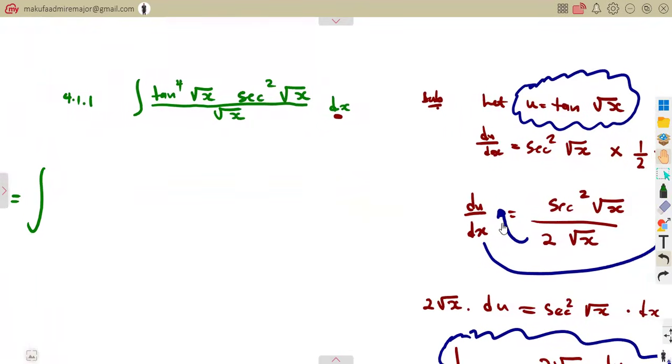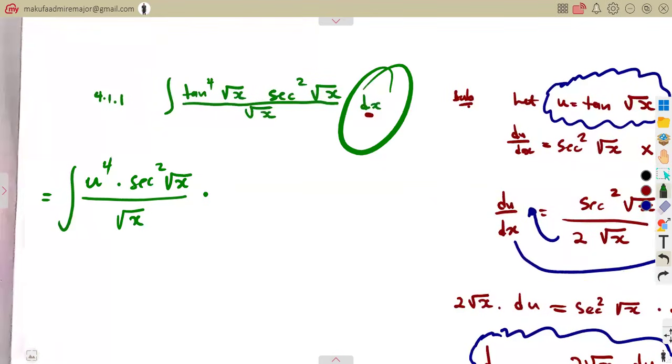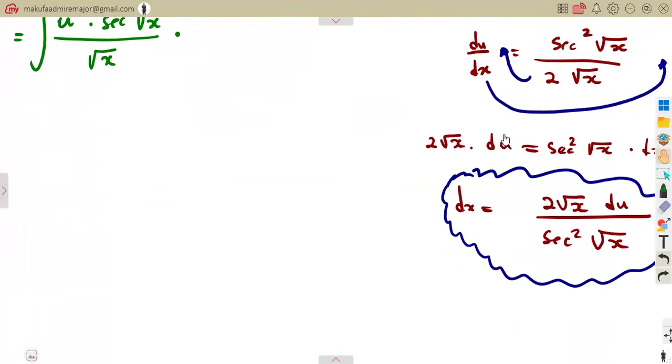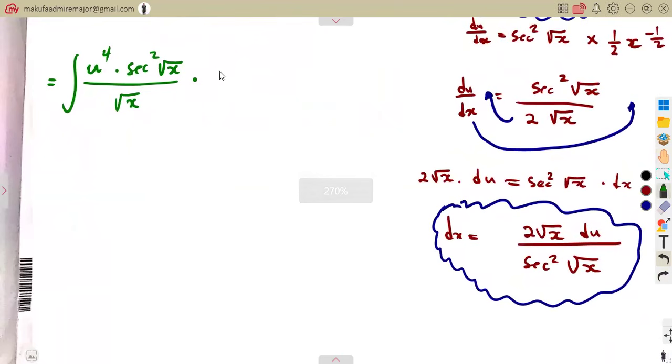So it is going to be u to the exponent of 4 times sec squared of the square root of x, over the square root of x, times dx. Our dx is what we got here, which is 2 square root of x du over sec squared of the square root of x. Okay, so that's it.